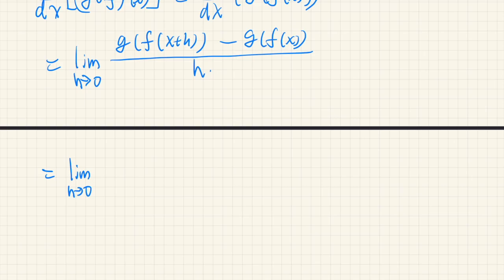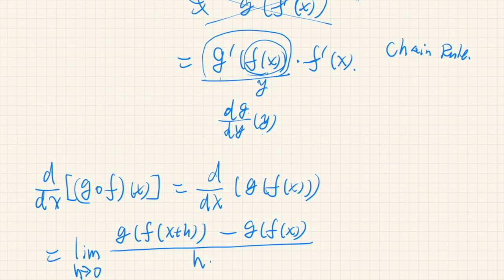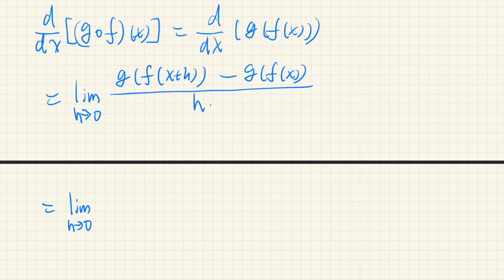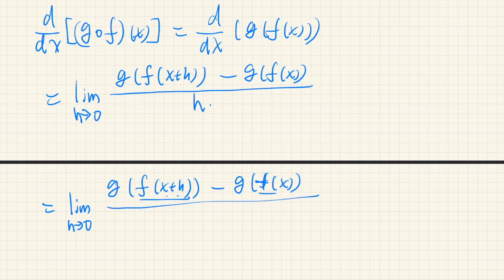So, in the end we have g prime. And g prime means g of something minus g of something. So that something minus something should be in the denominator. So let's put that here. g of f of x plus h minus g of f of x, divided by the difference between these that are inside.